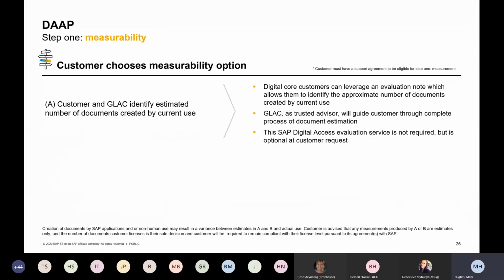So just to go a little bit deeper into this measurability topic, option A, the estimation. It is a bit wordy here, but essentially what it's saying in the first bullet point is SAP has a tool that we offer, an estimation tool, and it is applied via note into your systems. And once it's in there, if you are interested in going through this process, SAP's GLAC organization has a team of experts who are ready and willing and able to help you get set up, help you execute this program, and then interpret the results, because it can be quite a complex process.